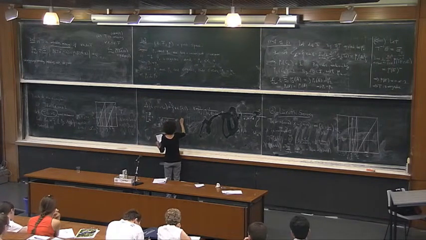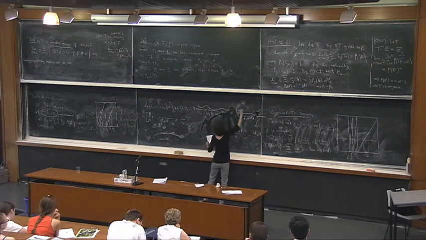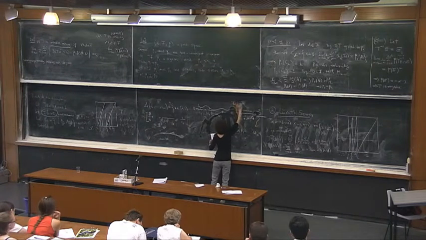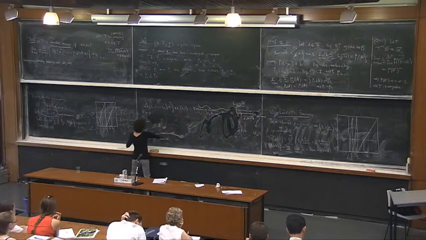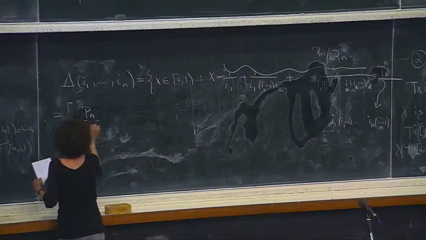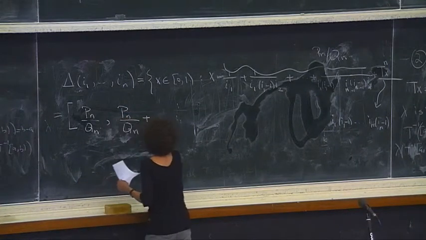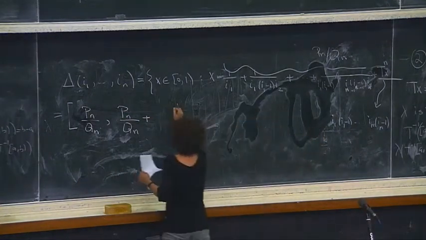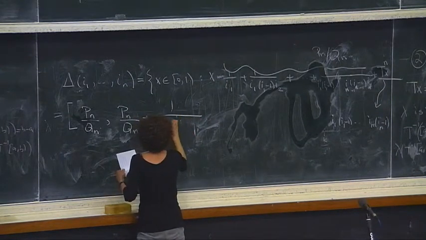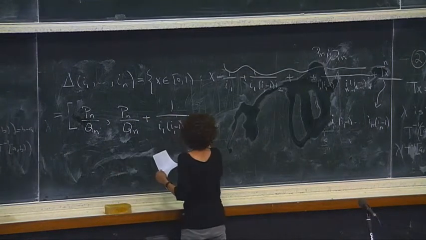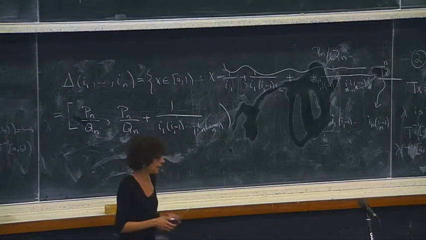Maybe I should save myself the trouble. Let me call this Pn over Qn, plus 1 over this. So this is really this interval.